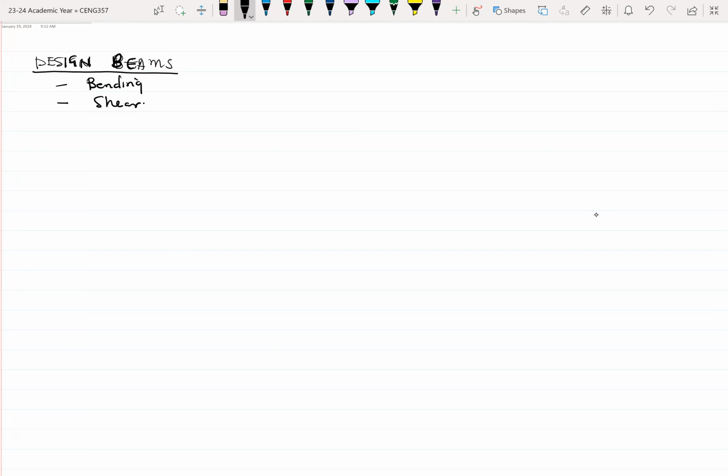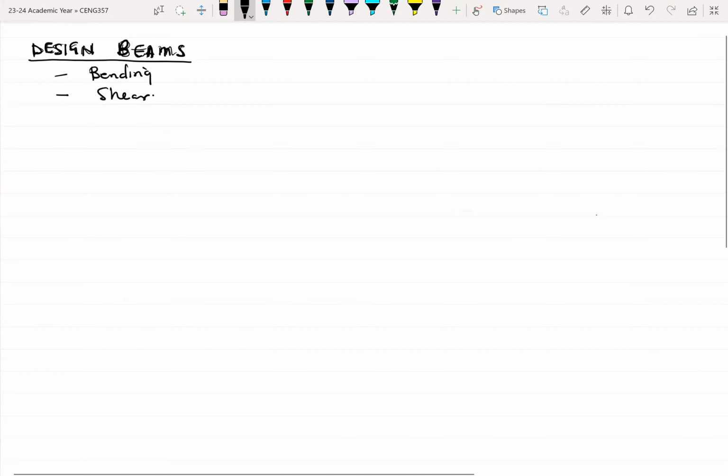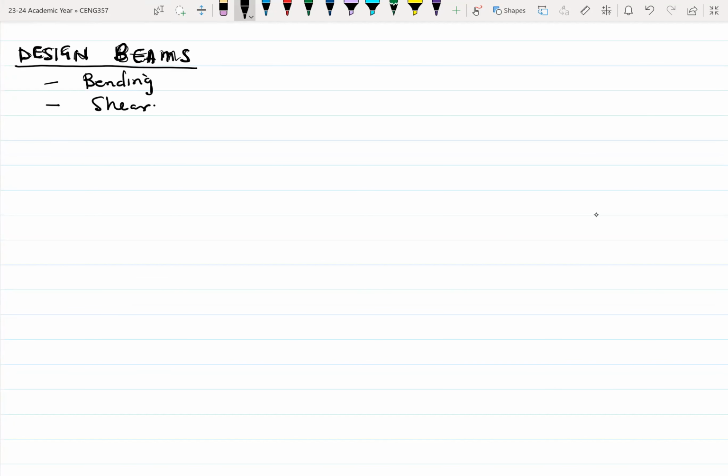So design for bending, design for shear. For design for bending, we are looking at longitudinal rebars. If you have a beam, the rebars along the length of the beam are the longitudinal rebars, and those are what prevent bending failure.